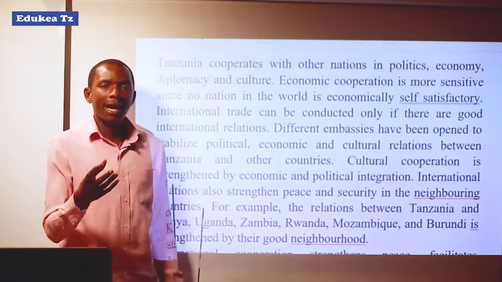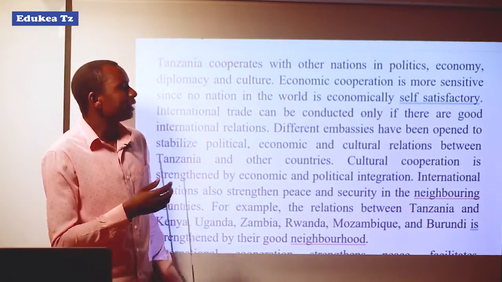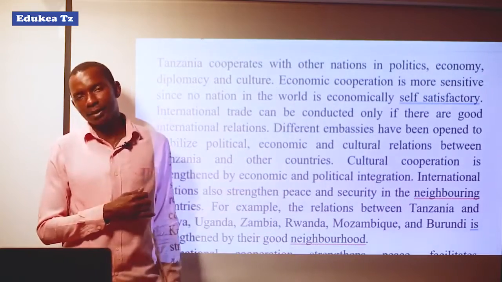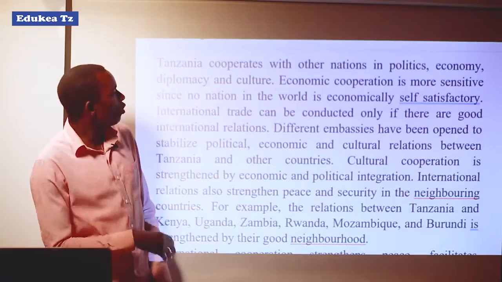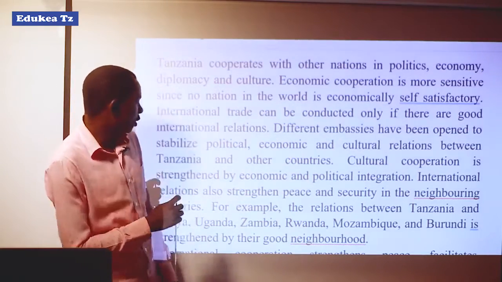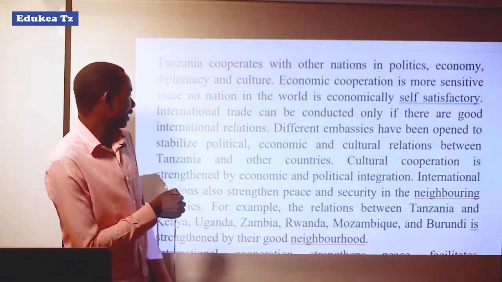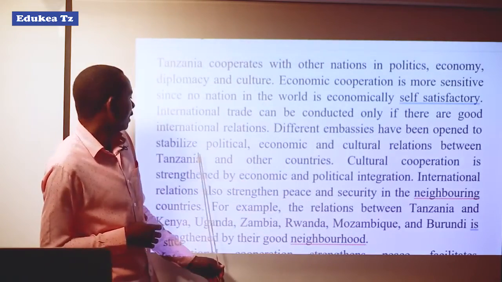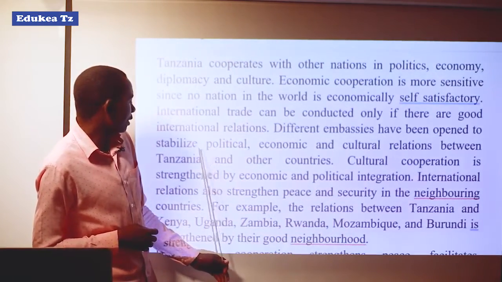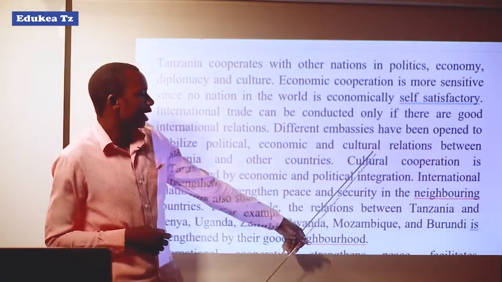So these issues can be economic issues. We have to build our economy through these cooperations which Tanzania has been engaged in. Different embassies have been opened to stabilize political, economic, and cultural relations.